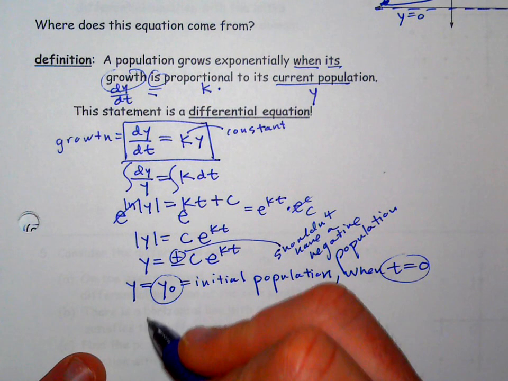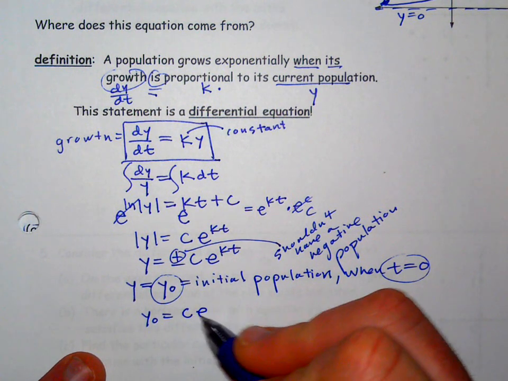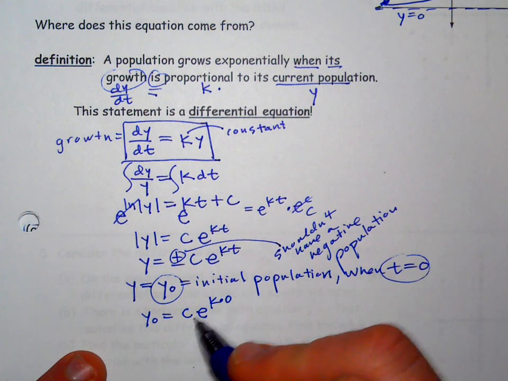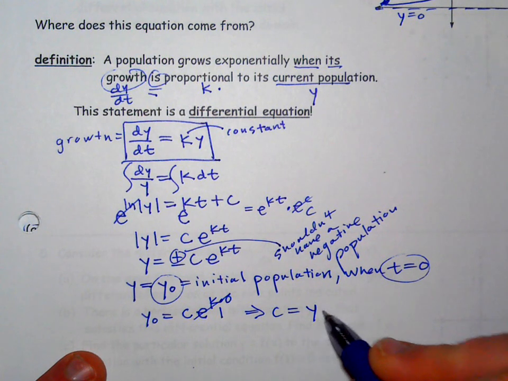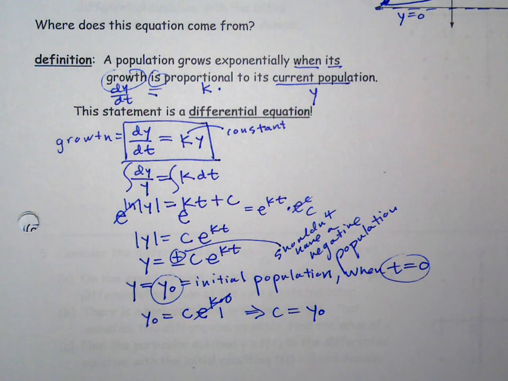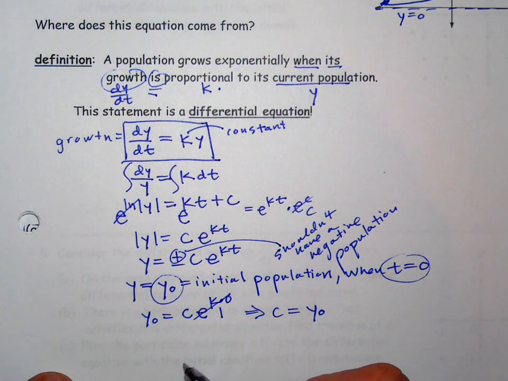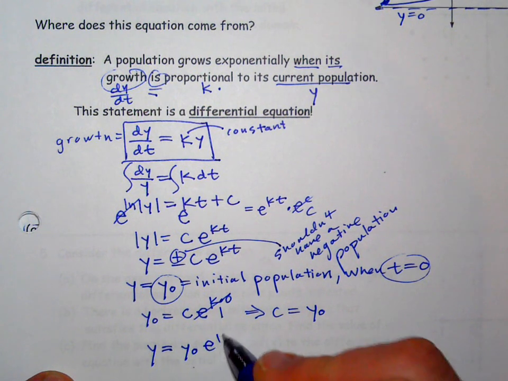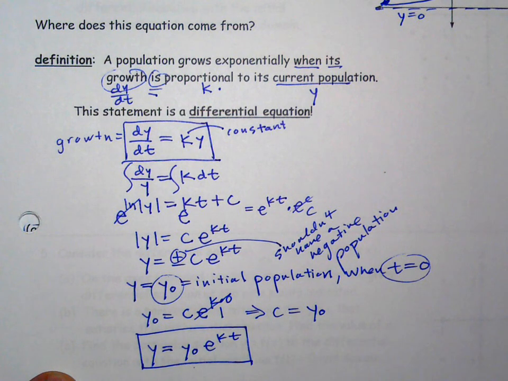So y equals y sub 0, and ce to the k times 0 for time. K times 0 is 0, e to the 0 is 1. So c equals y sub 0, the initial population. And so it makes sense to go ahead and write y equals y sub 0 e to the kt for our specific solution.